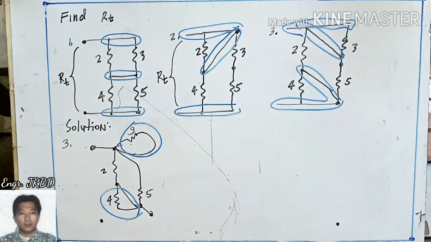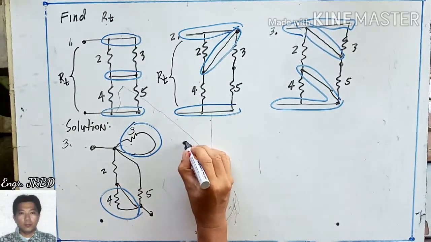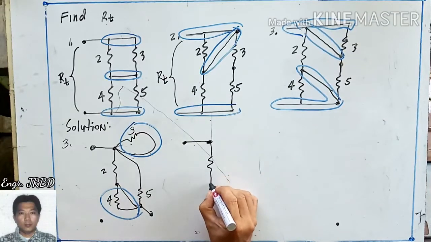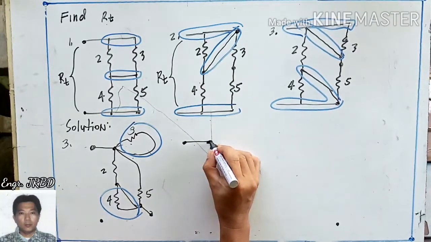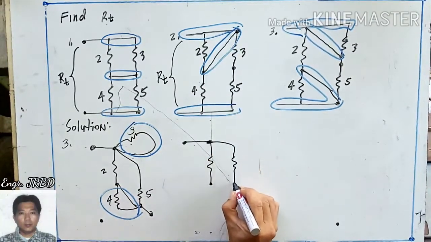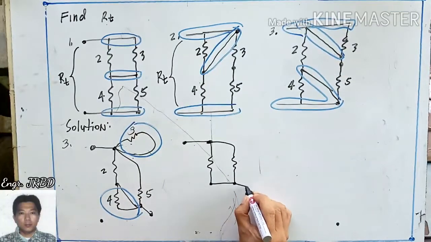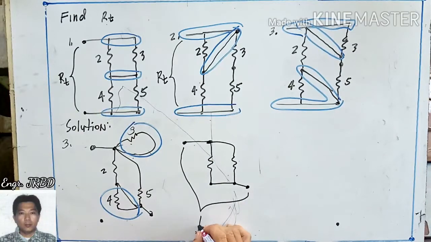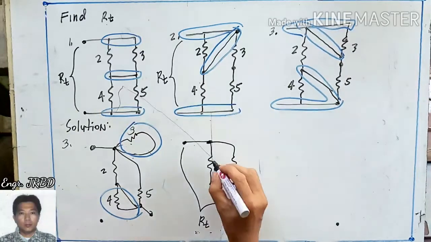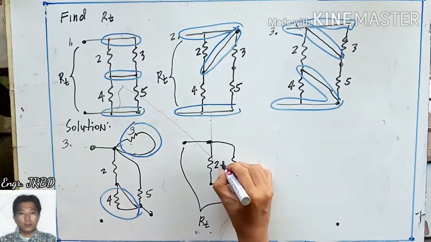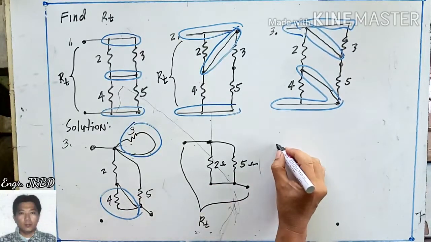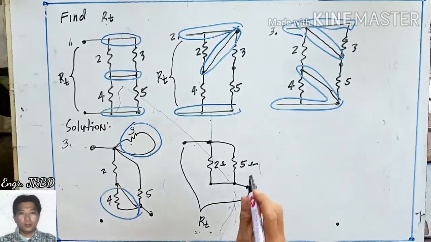Redrawing this again will give you 2 ohms, 5. This is your other terminal. That is where the total resistance is to be determined, which by inspection is the parallel combination of 2 and 5.